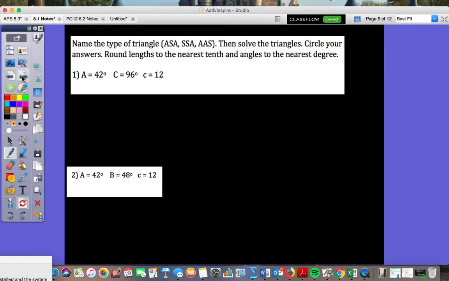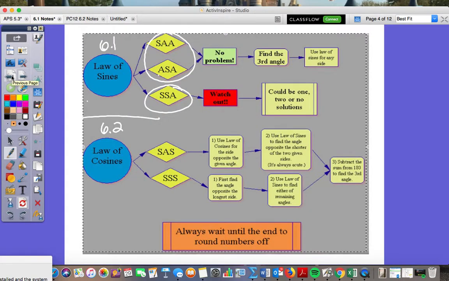I want you to solve for the C and B, all the missing sides and angles, okay? So I just want you to rep that out, try that out real quick, and that way we're getting a homework problem done. If you have some questions, we'll stop and go through that as well.